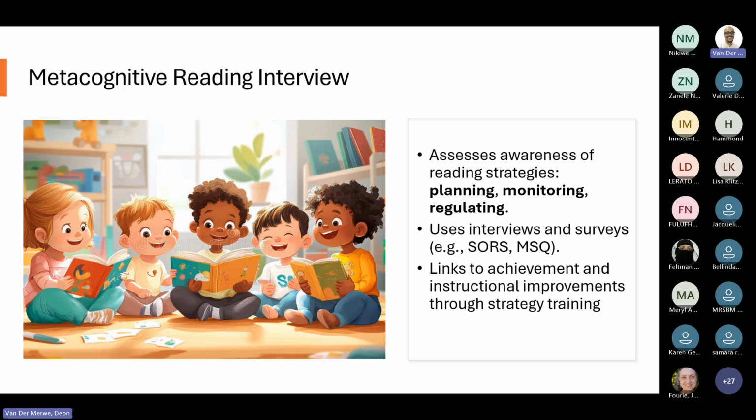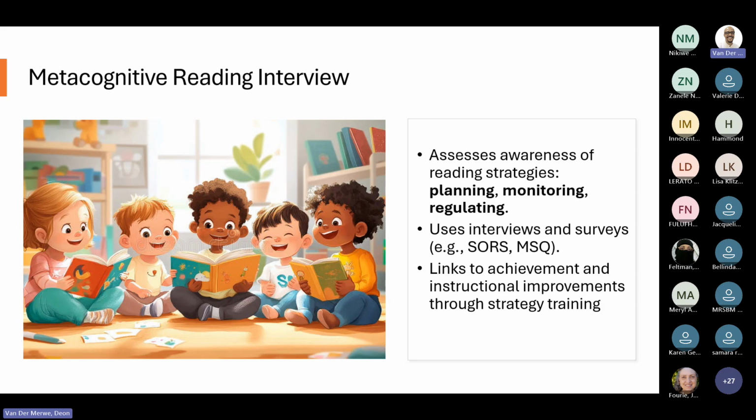Now, this tool is quite important because as the assessor who will be interviewing the learner, you as the interviewer will help uncover the learner's awareness of perhaps these strategies that form part of how they navigate the reading experience.